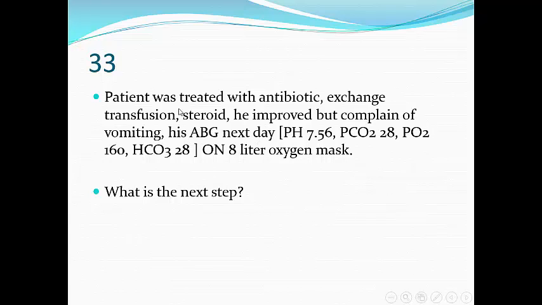Our patient is taking steroids. Our patient has vomiting. So how can you differentiate between steroid intake and vomiting as a cause of metabolic alkalosis? You still remember the beauty of urine chloride, the differentiating factor in metabolic alkalosis. You will do urine chloride. If it's low, it's going with vomiting. If it's high, it's going with steroid intake. Yes, good.